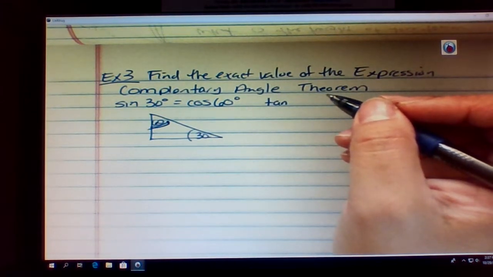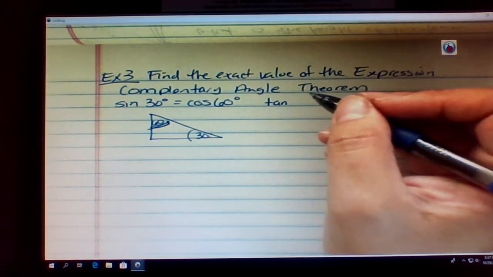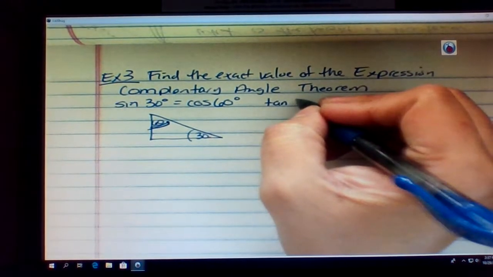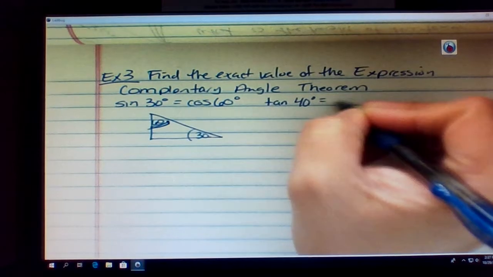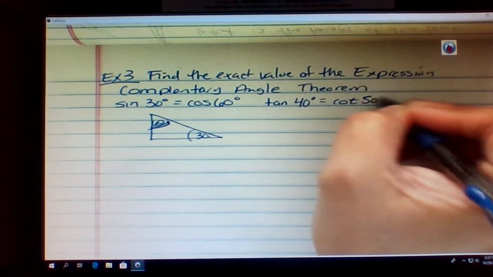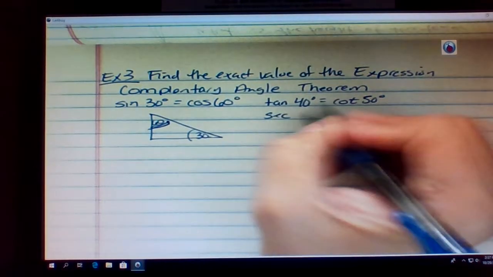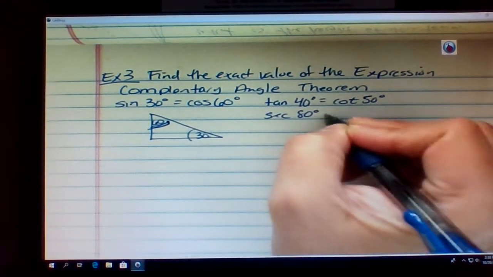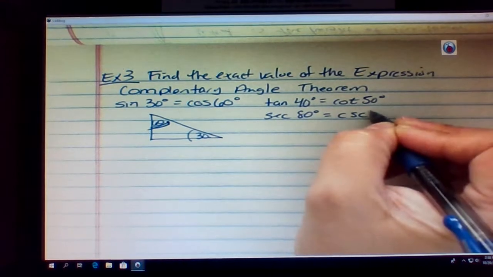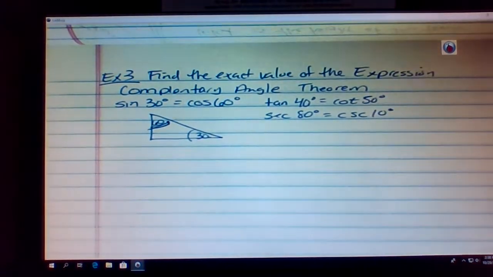They also give the example of tangent of 40 is cotangent of 50, and secant of 80. So these are the little examples that they suggest: sine and cosine, tangent, cotangent, secant, and cosecant.